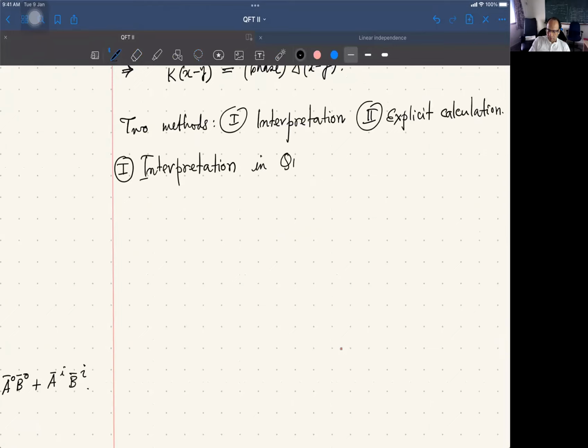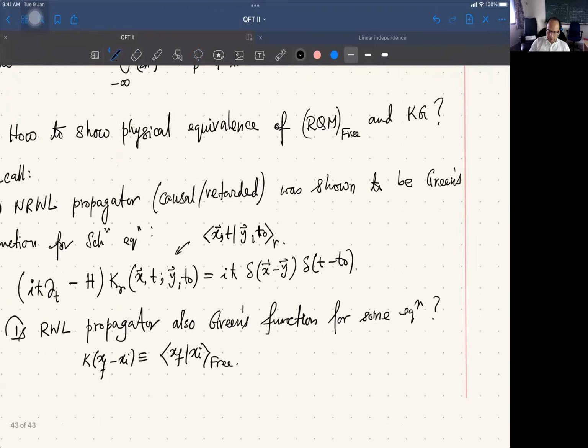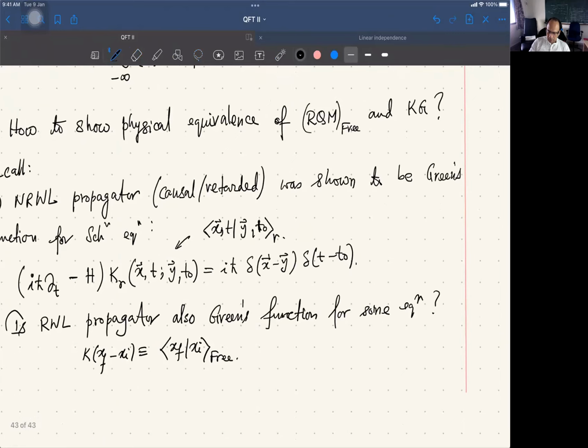In QFT, so since the quantity here is the overlap between xf and xi, if you want to construct this directly in the QFT, we should be able to find what the single particle excitation is, right?